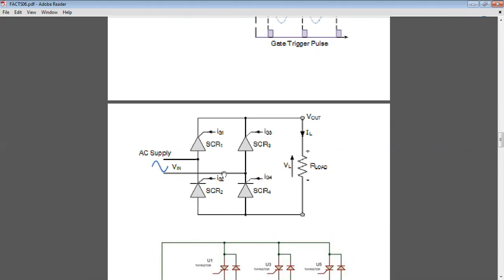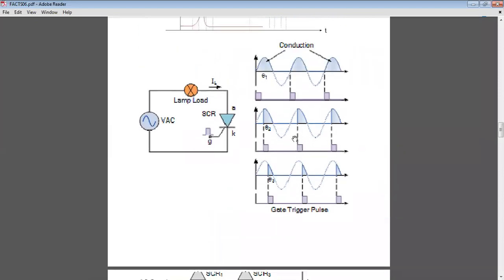In this one, at any point of time two thyristors will be on, that is SCR1 and SCR4, and SCR2 and SCR3 will be on at another point of time, and you will get the full waveform. That is, even during the negative cycle you get the waveform.